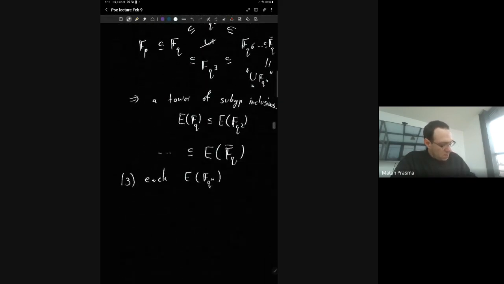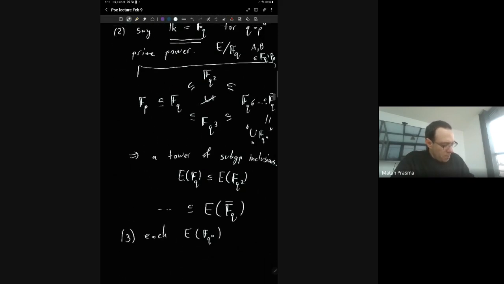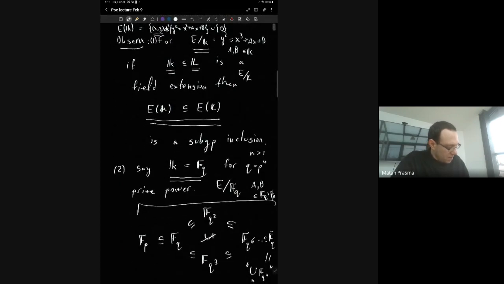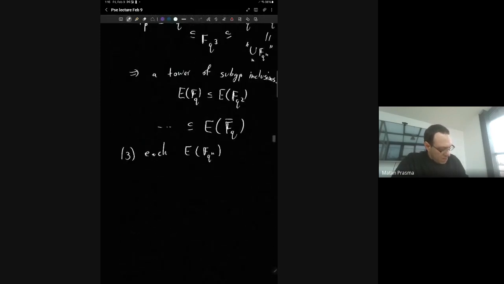I hope the rest of what I said is clear. And then each of the groups of FQ to the n rational points is finite, right? And this is, by the way, a reason that we did the classification of finite abelian groups.